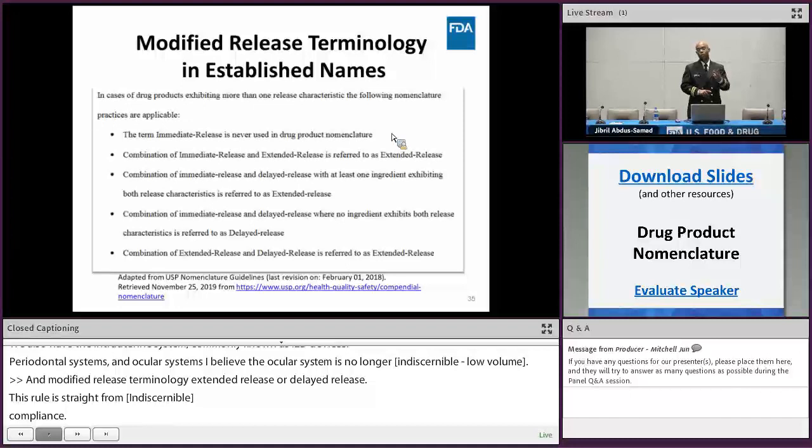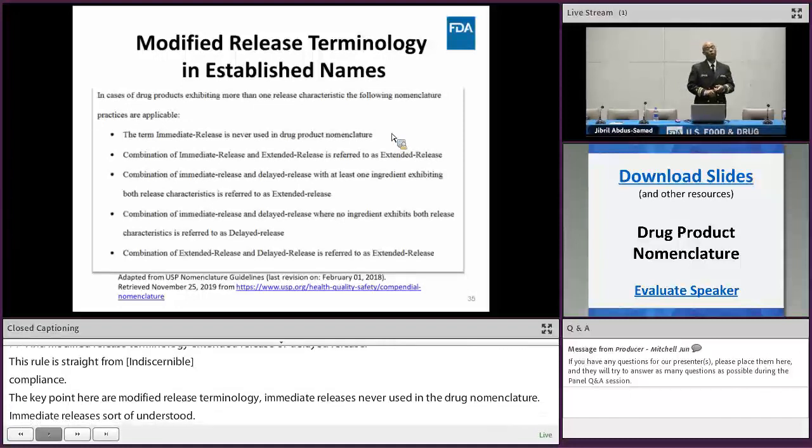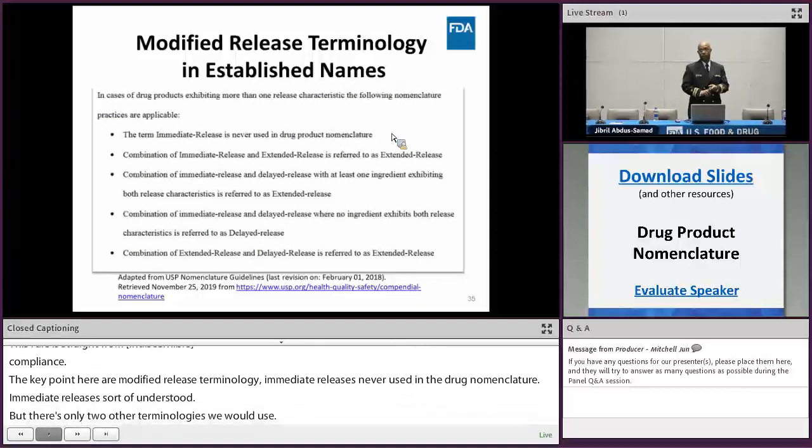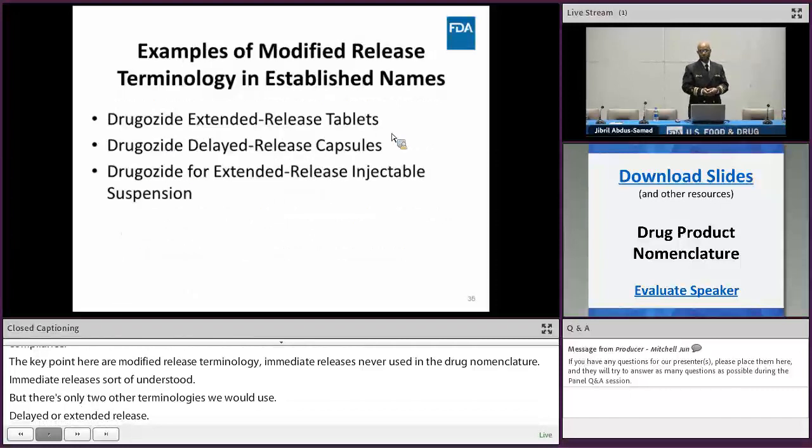But there's only two other terminologies we would use: delayed release or extended release. Those are sort of the options for modified release. And then there's sort of rules here depending on the release pattern of the drug. And here's how they would appear in the names.